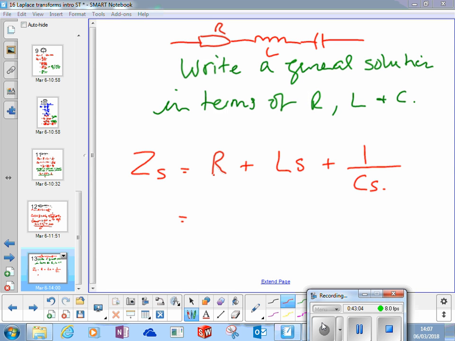We divided 1 by the number that was C, didn't we? So we need to write that as R plus LS plus 1 over C over S.